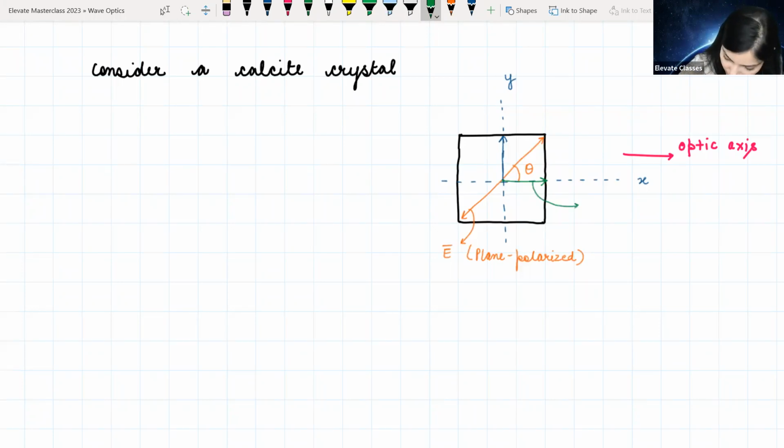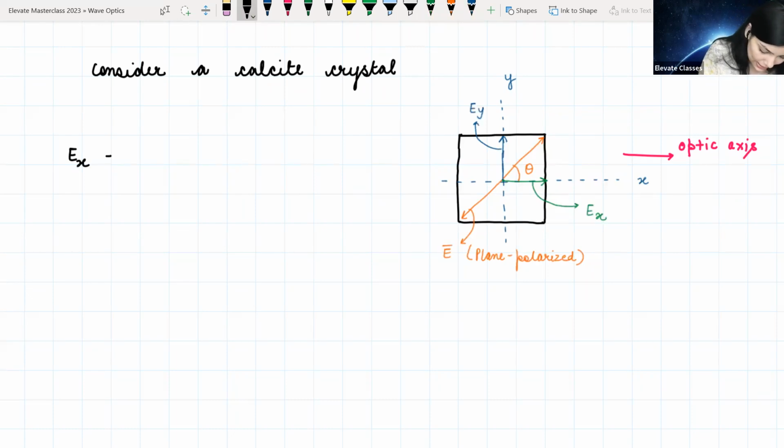So if I say that this is E, the E field, because it's a plane polarized beam, has some field in the X direction and some part in the Y direction, and it is a vector sum of both these two components. So I can write that I have some EX component here, and some EY component of the field here.